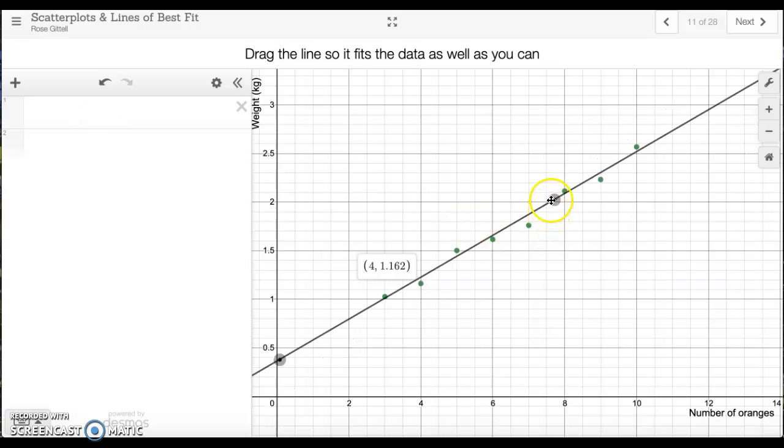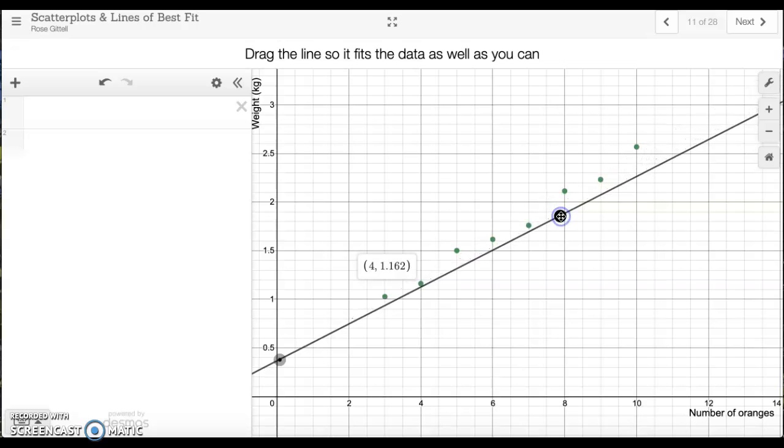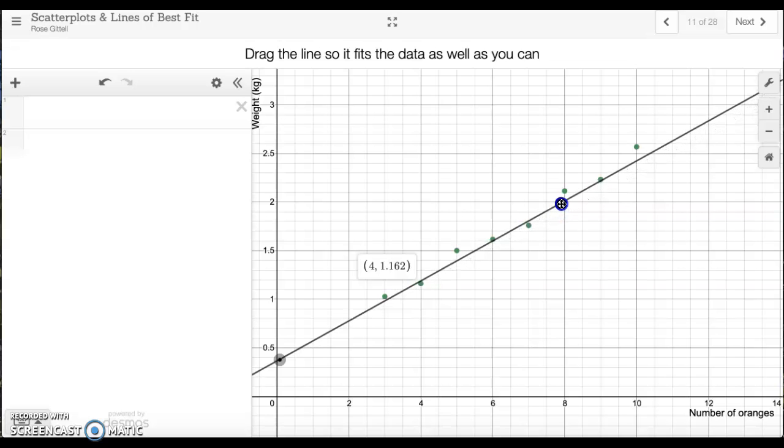So one thing you'll notice as you play with this is you'll probably run into a situation where you're like, should the points be below the line? Should the points be above the line? And I actually want you to think of placing the line so that about half of the scatter points fall above the line and about half of the points fall below the line. And we'll talk more as the unit goes on about why that is.